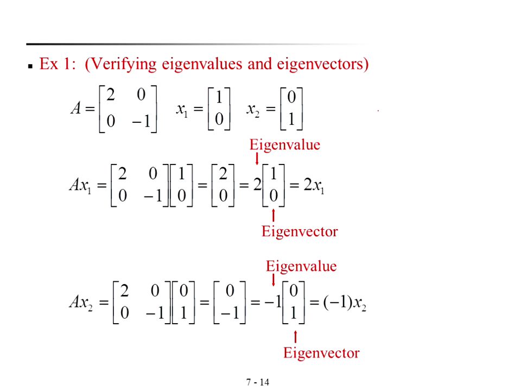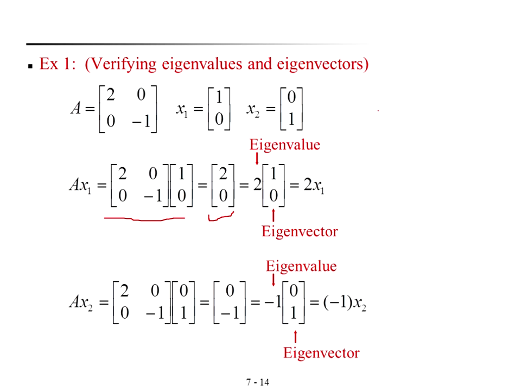So, verifying the eigenvalues and eigenvectors. A matrix is given, A equal to 2 0 0 minus 1, and the vectors x1 and x2 are given. First of all, find Ax1. We multiply A into x1, so we get the vector 2 0.